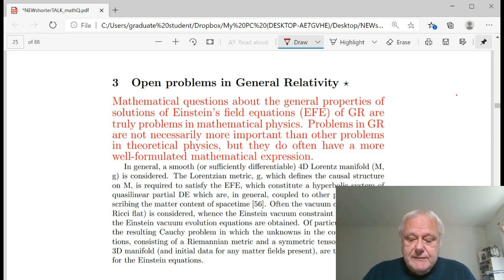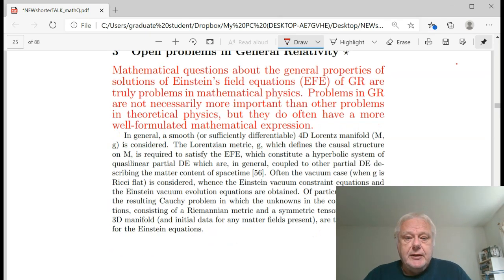In general relativity, the background mathematical structure is a four-dimensional differentiable manifold with a Lorentz structure, which gives you the causal structure of the manifold.